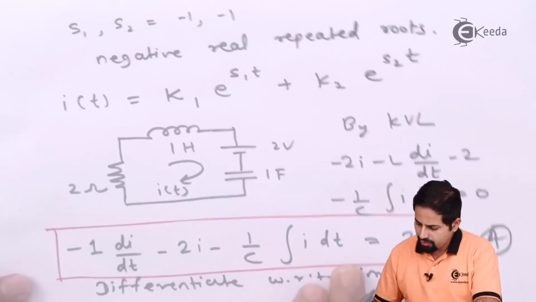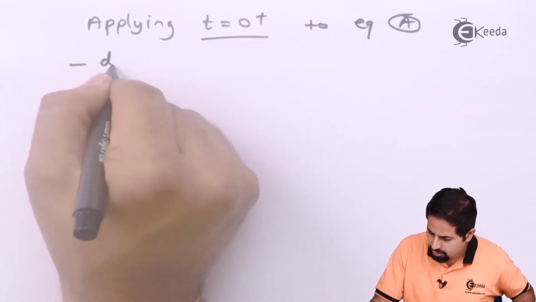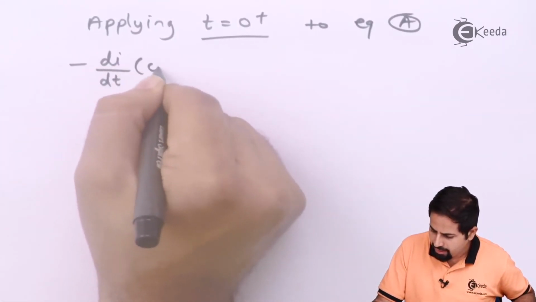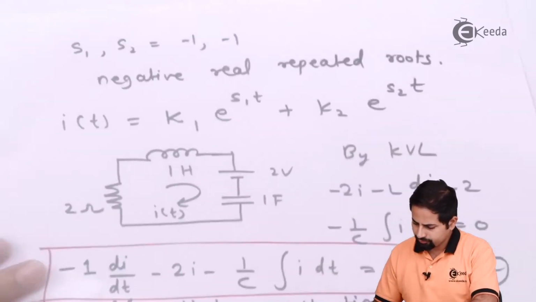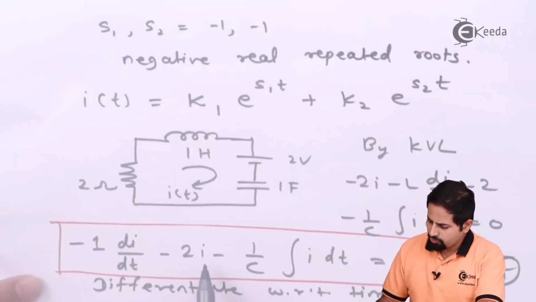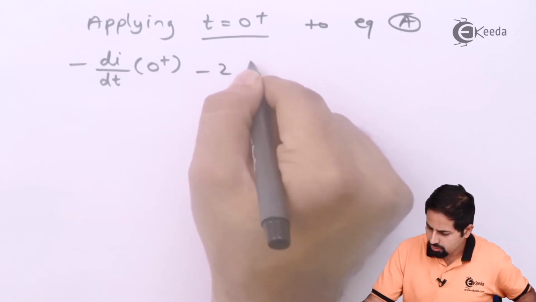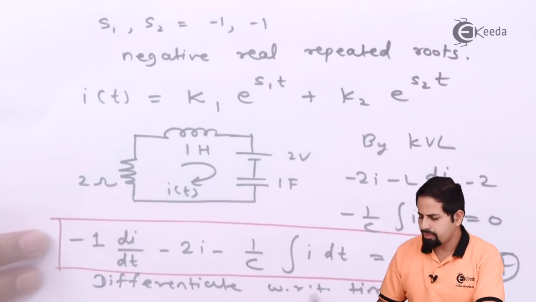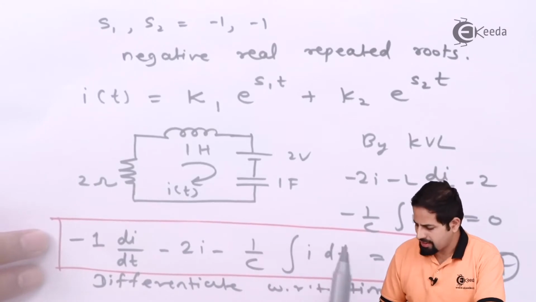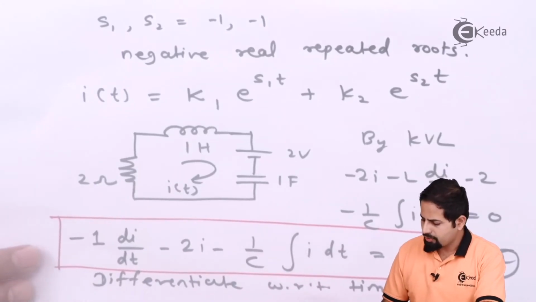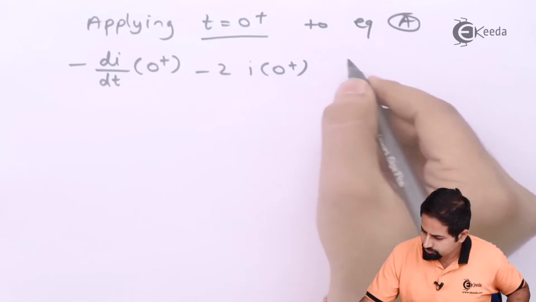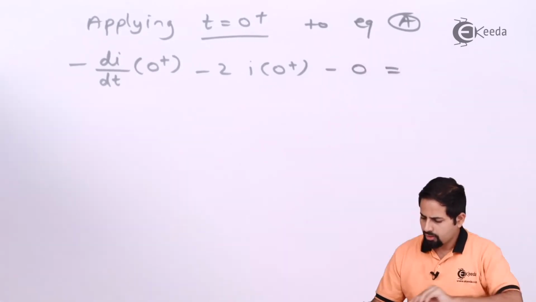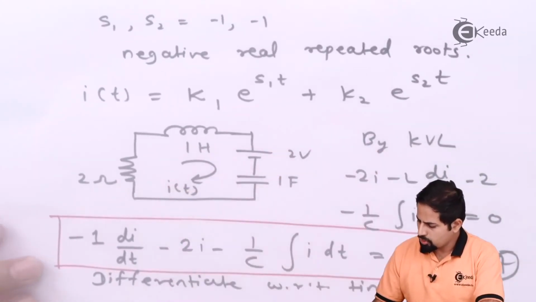that gives us minus di by dt at 0 plus minus 2 into I of 0 plus, then this is nothing but voltage across capacitor, and that is nothing but 0, equal to 2.